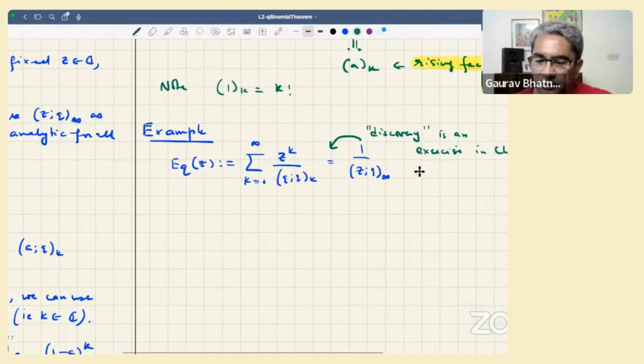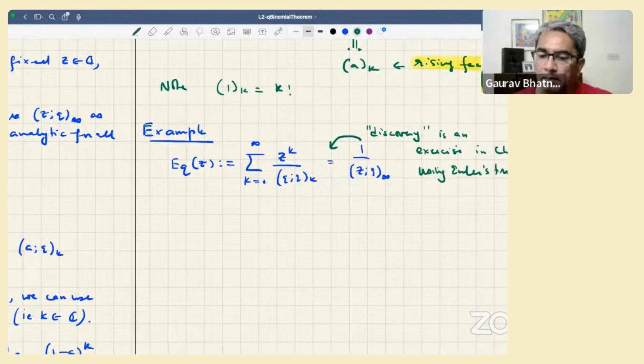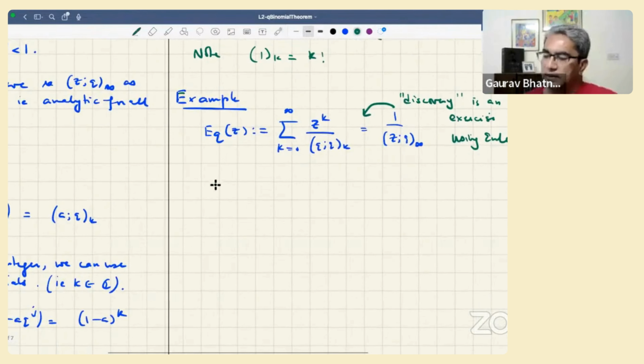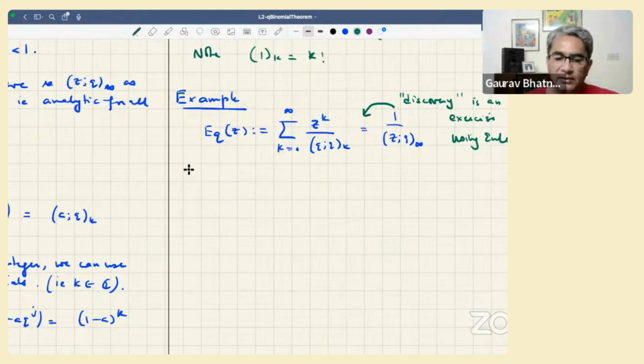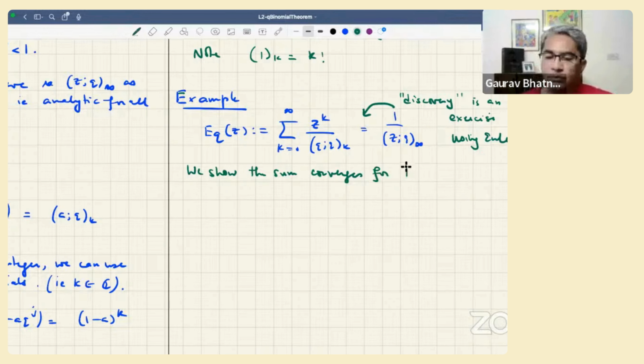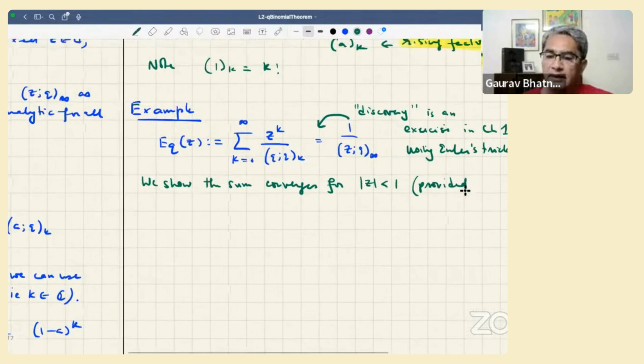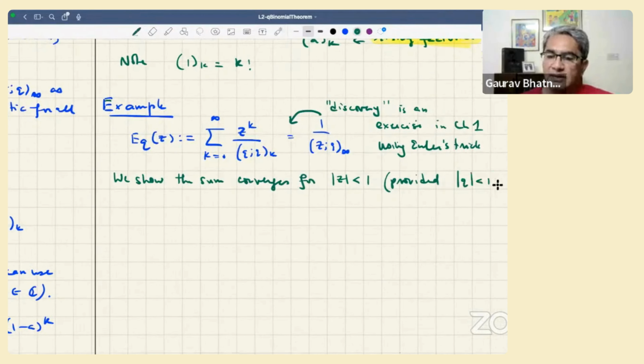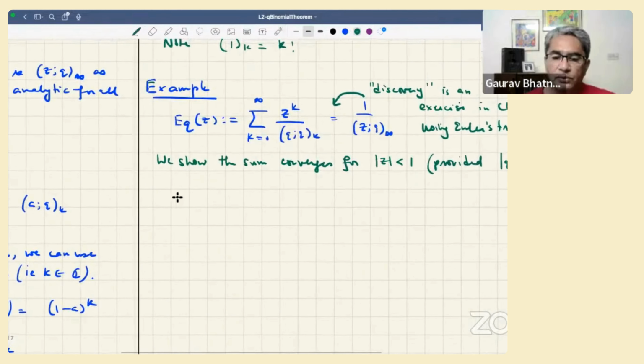By using Euler's trick. So what we'll show is that this sum converges for absolute value of z less than 1, provided absolute value of q is less than 1. So how do we do that?